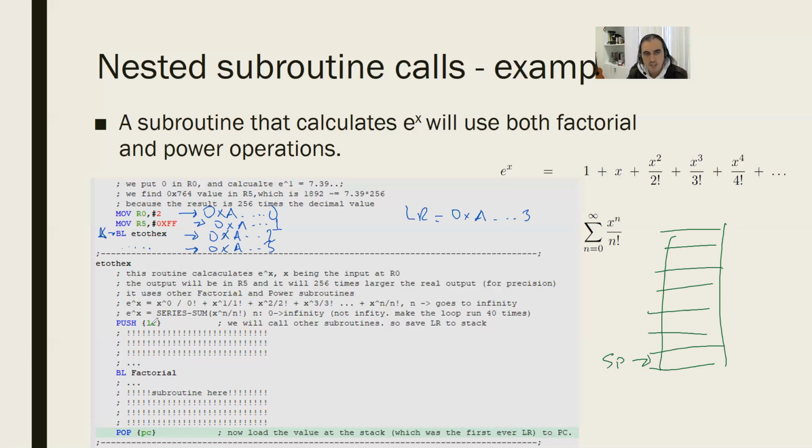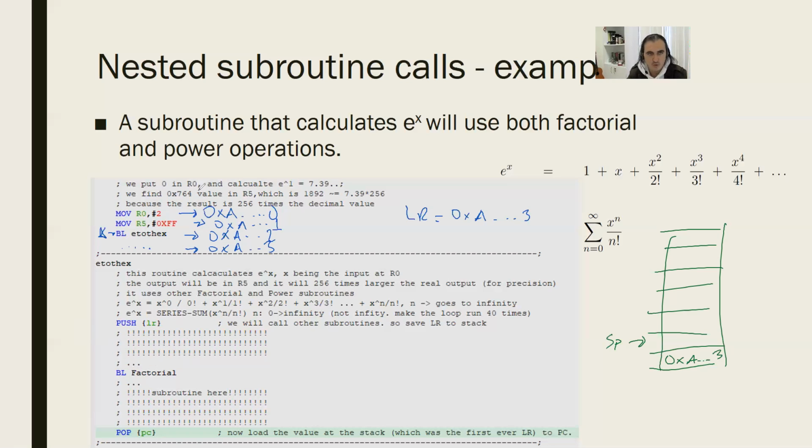I push LR. I get the value inside LR and write it to the first location inside my stack. Now the stack pointer is pointing to the next place. Okay, and I do some operations and I call factorial with BL.